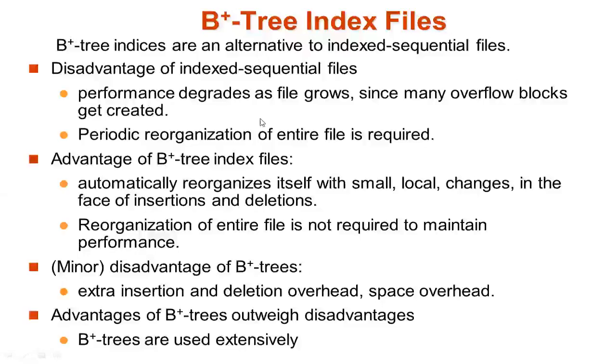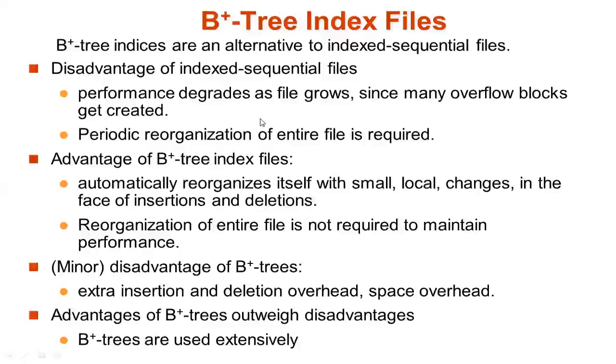The main purpose of using B plus tree index files is to get the entire set of records self-organized, or self-balanced. When you use B plus tree index files, there is no need to search the entire file or the entire record set.